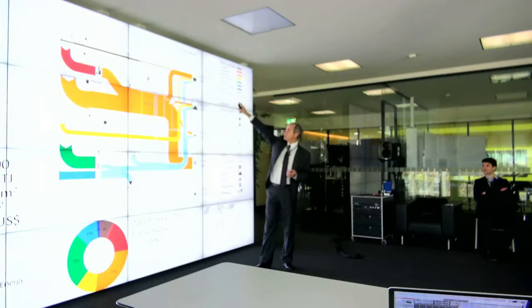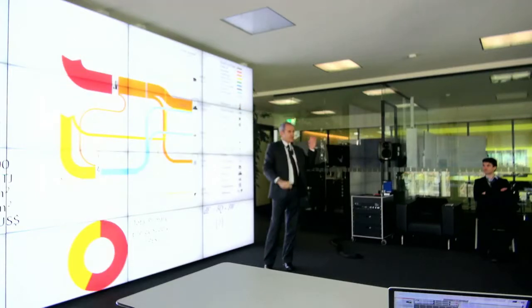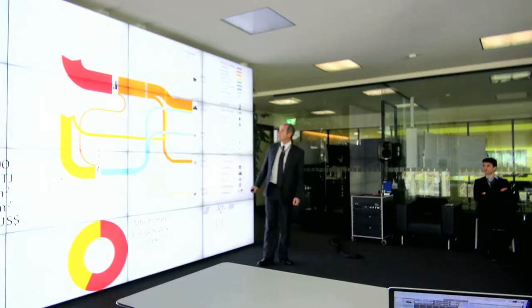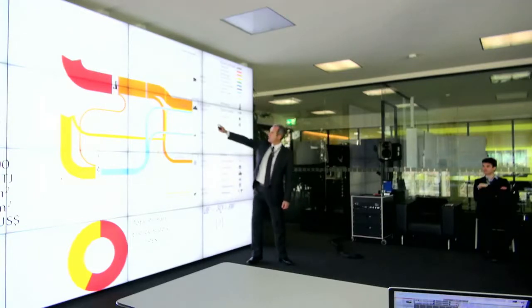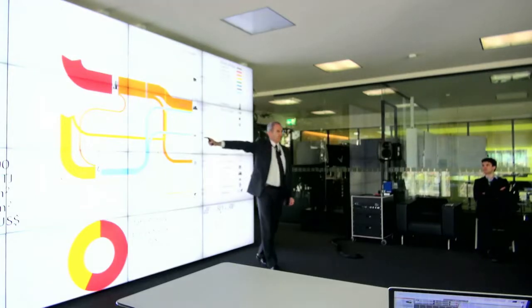That means per person, with more than 8 million inhabitants in Switzerland and 5 million inhabitants in Singapore, it's the same per person energy demand and consumption. But here you see a radically different view. This one here is the dominating factor.